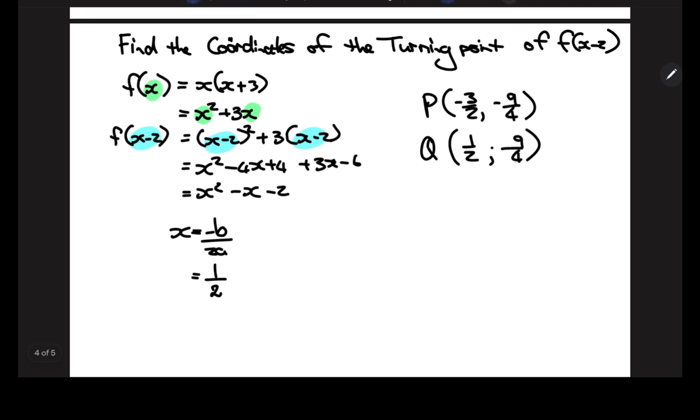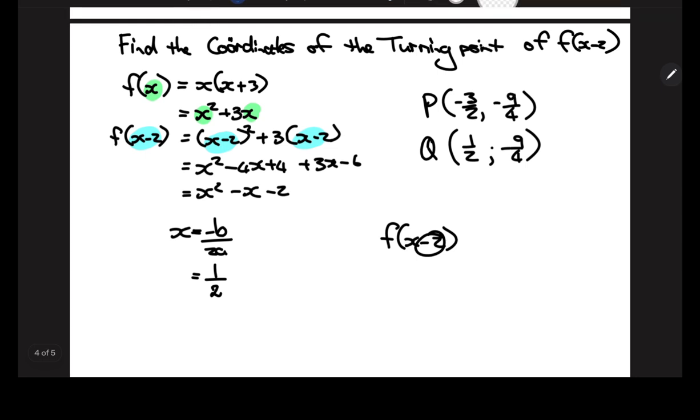Alternatively, if I just have to write it down, I can just add 2. Remember that this says f of x minus 2. Now it says minus, but you have to remember at the x you always have to change the sign. So you're just going to add 2, and then it becomes a half. So there is a shortcut. If you're not familiar with a shortcut, rather take your time and just work it out.